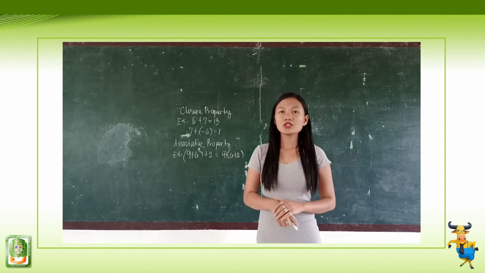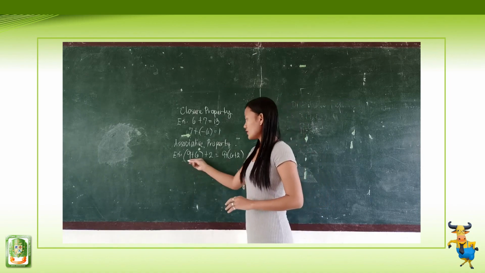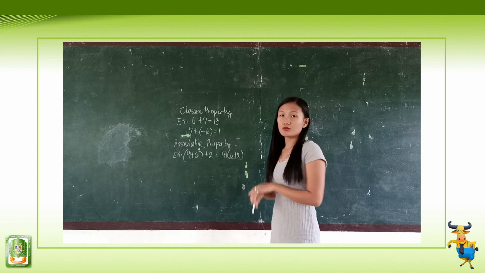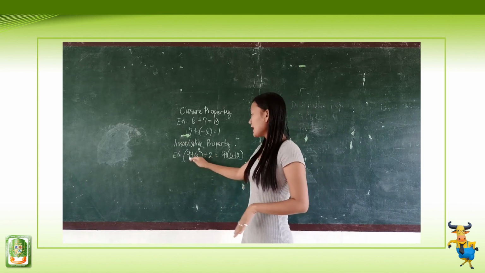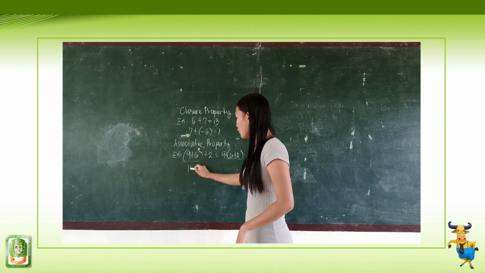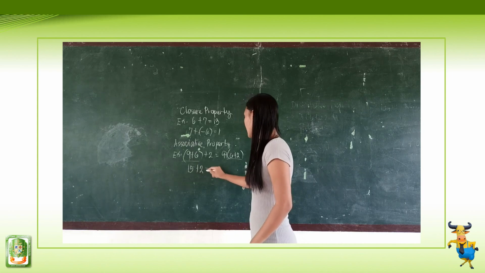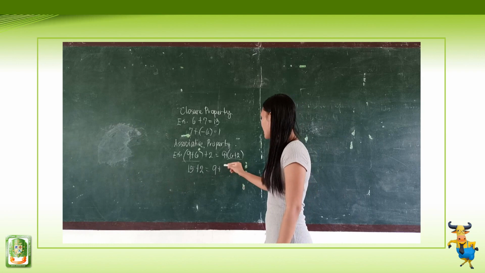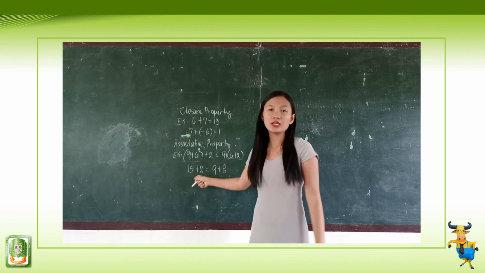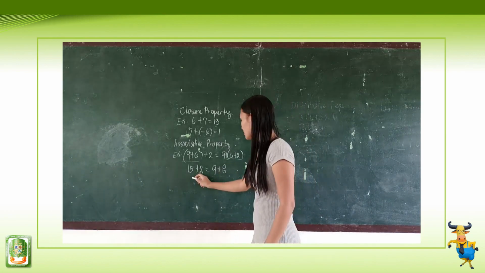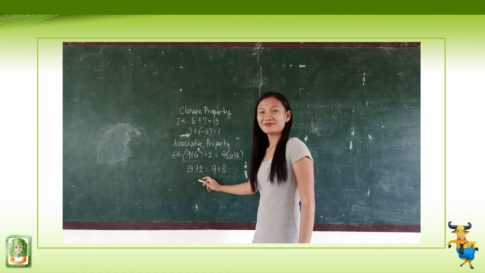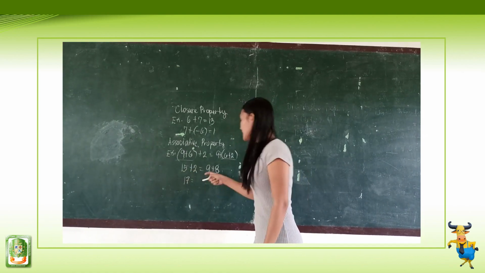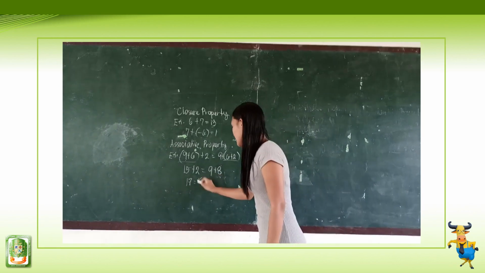In associative property, we can add first the first group and then the last group. So, 9 plus 6 is 15, plus 2, equals 9 plus 6 plus 2 is 8. So, 15 plus 2 is 17 equals 9 plus 8, 17.